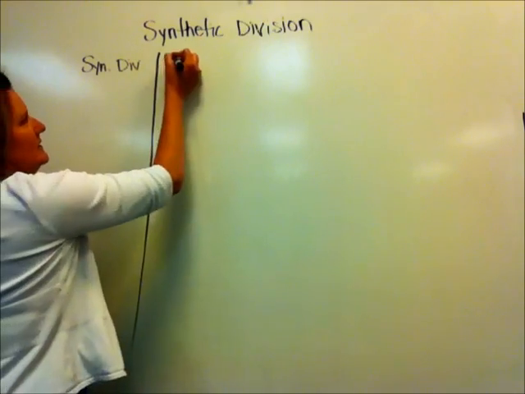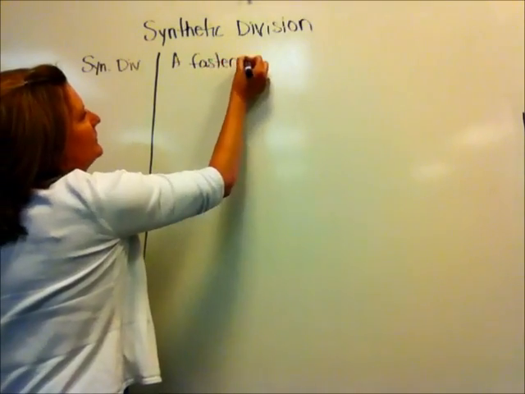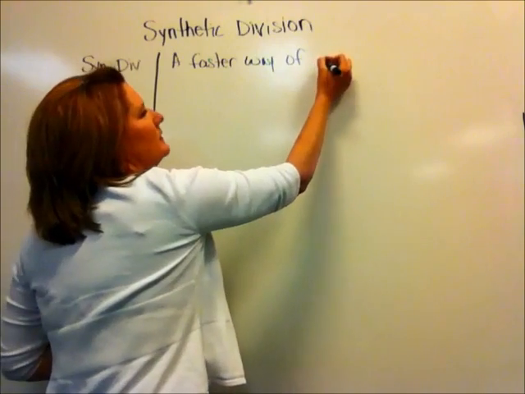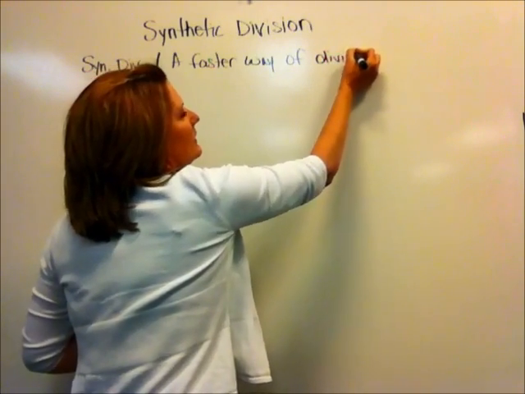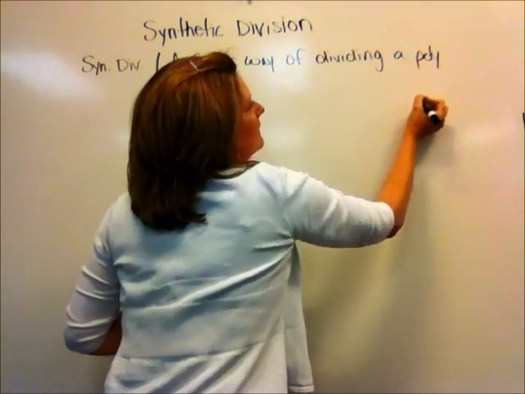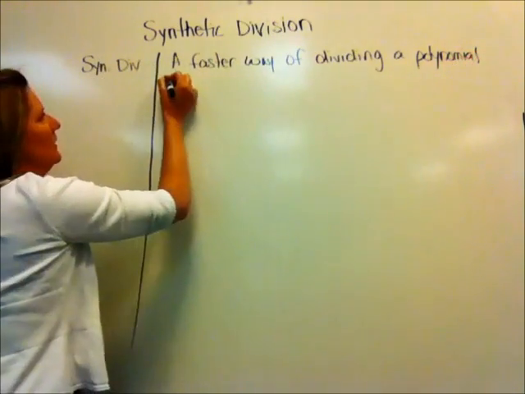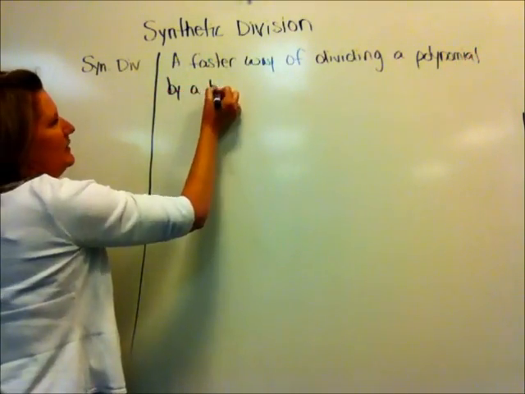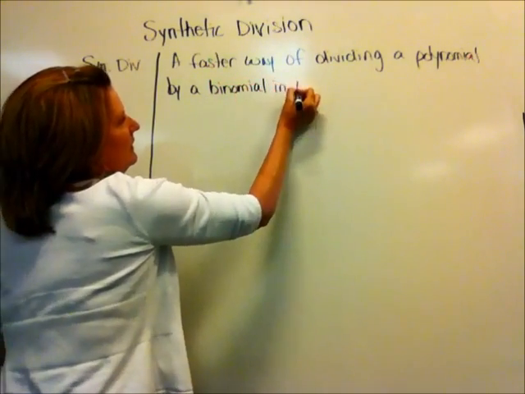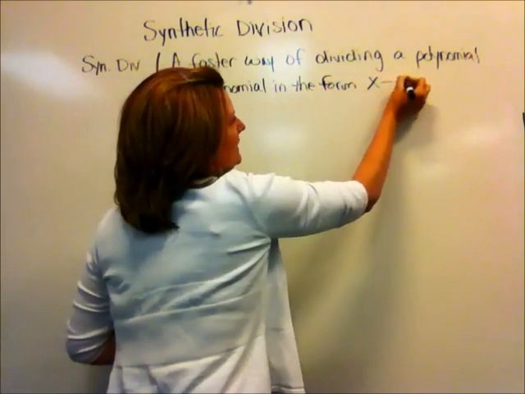It's a faster way of dividing a polynomial by a binomial in the form x minus c.